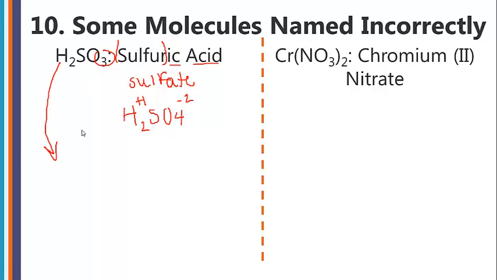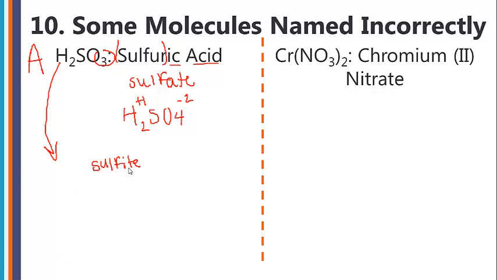So let's name this thing correctly. I do know that it's an acid. SO3, the name of that is sulfite, one less oxygen than sulfate. So sulfite, SO3, also has a -2 charge. And I've got 2 hydrogens in front, so that balances.